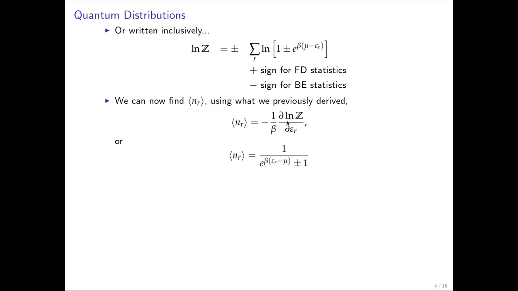And if we operate on this result with this derivative, we calculate the mean occupation number of state r. It's just 1 over e to the beta times (epsilon r minus mu), plus or minus 1.